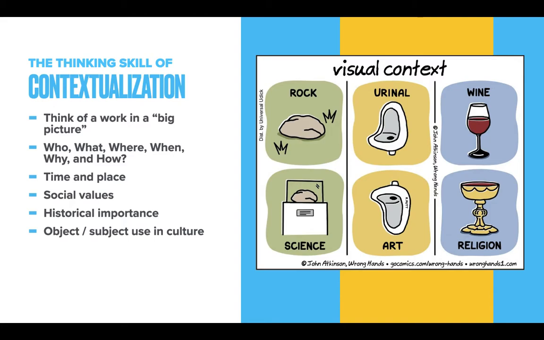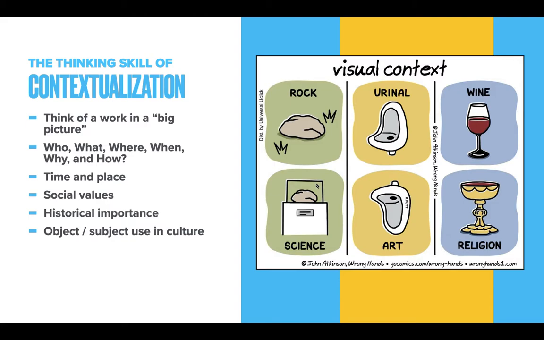This brings us to that historical importance component. So when you look at the example here that's art related, the urinal, Marcel Duchamp was an artist who started out as a painter and then got bored with that and decided to experiment with making art using materials that could be found in everyday stores.